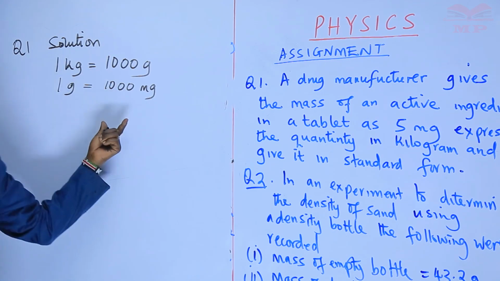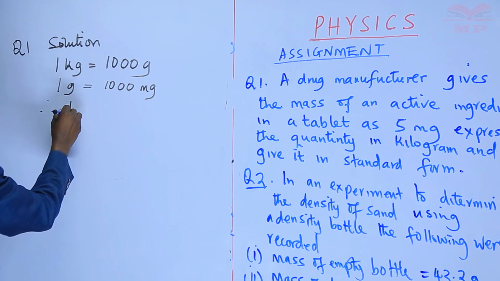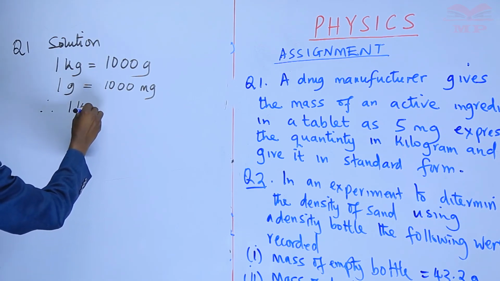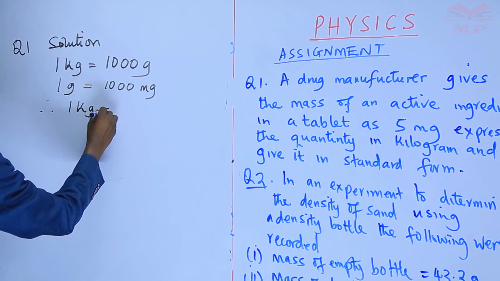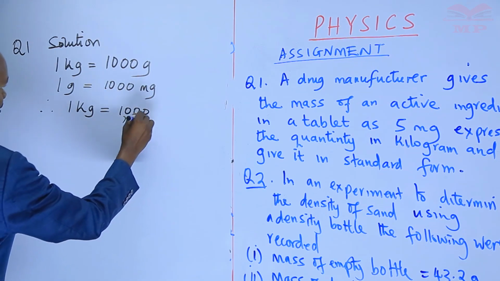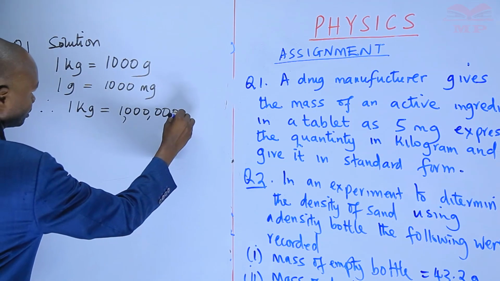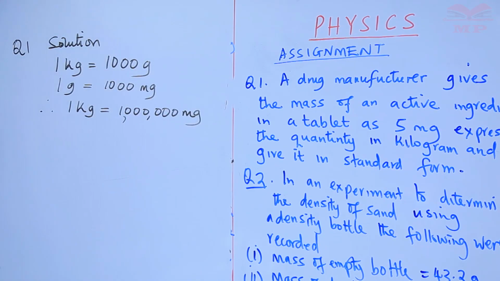So from the two statements, therefore 1 kilogram will be equal to 1 million milligrams, and vice versa.